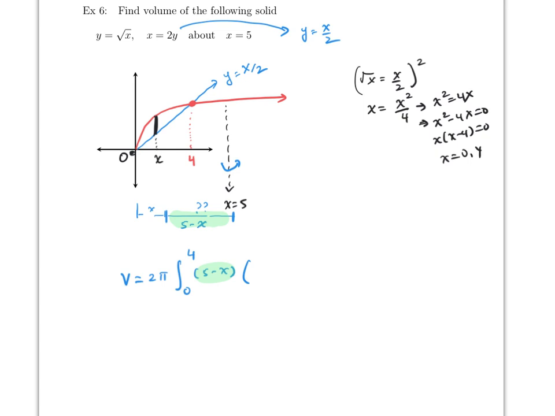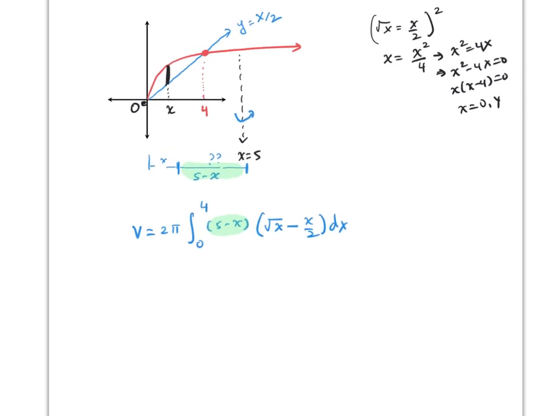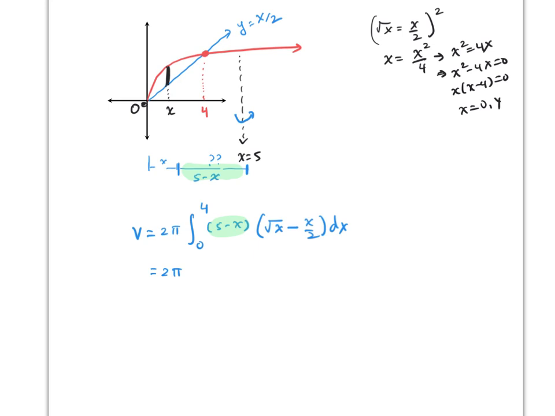And then the rest: the biggest function is the square root of x, and the smallest function is x over 2, dx. So then if you distribute this, you'll end up with 5 radical x plus 5 over 2 x.